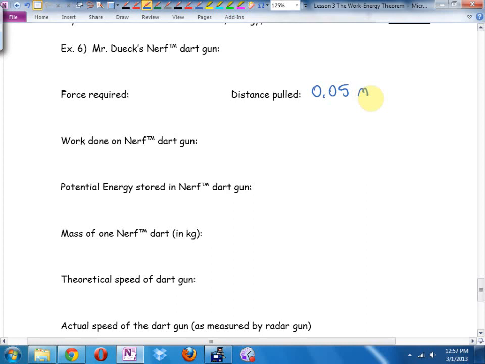Force required, well, I had to pull with 5 kilograms. How do I change kilograms into newtons? Multiply by 9.8. So how many newtons of force did I pull with? I think it's exactly 49 if you go 5 times 9.8, isn't it?